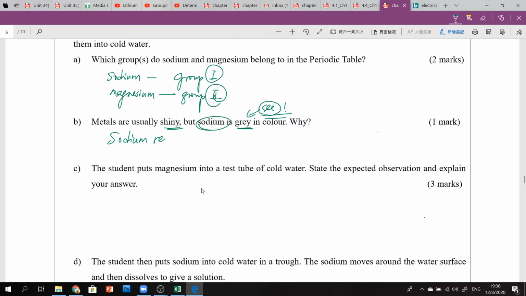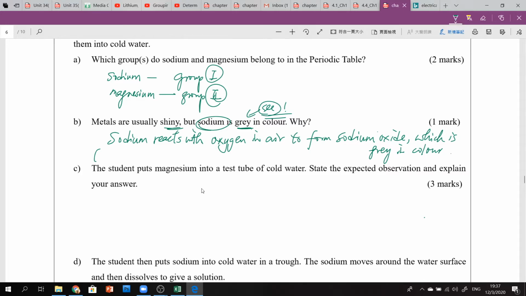They react with oxygen in the air to form sodium oxide, which is gray in color. So in your exam, if I ask you to write down the equation to support the idea, the equation will be: sodium plus oxygen forms sodium oxide.